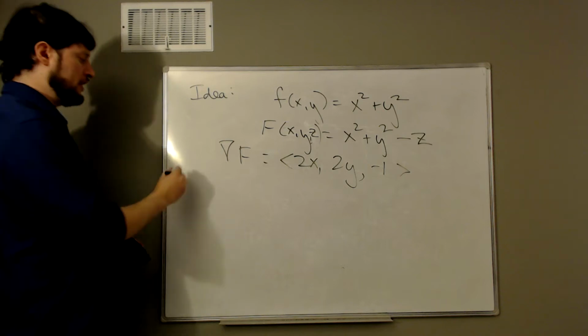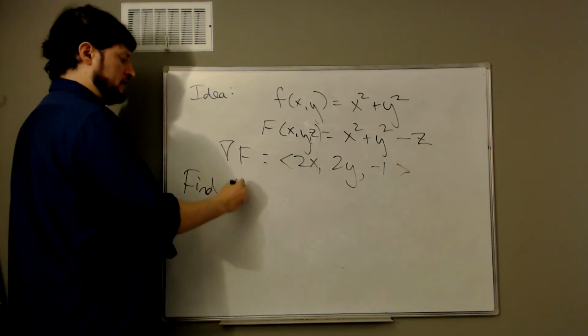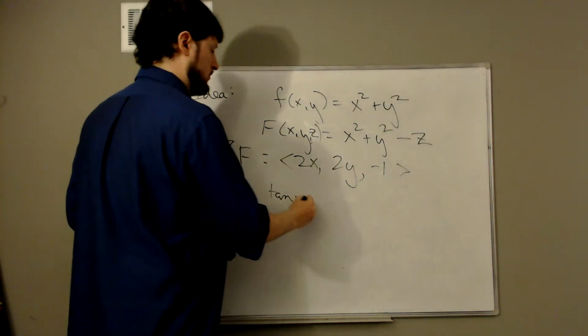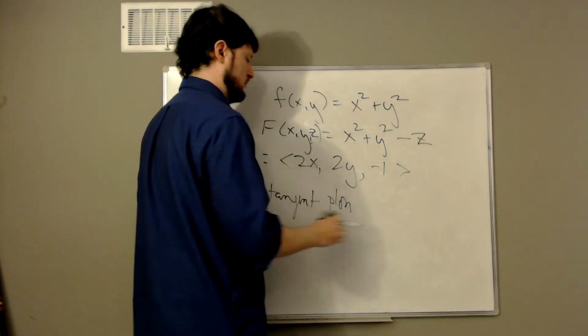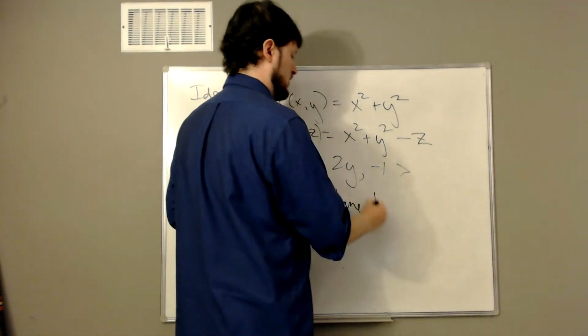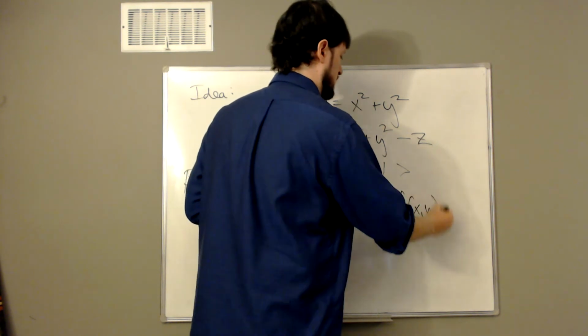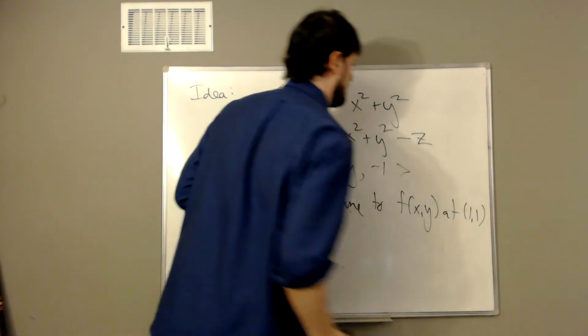All right, so let's use this to find the tangent plane to little f at the point 1, 1.